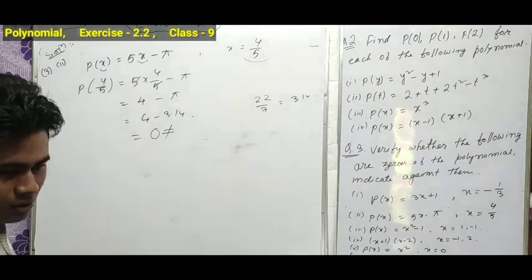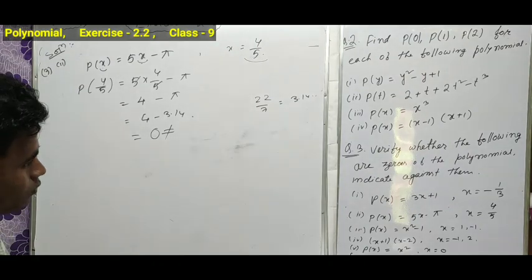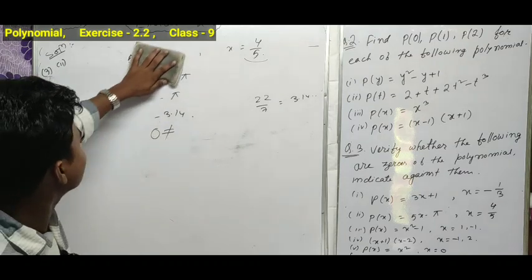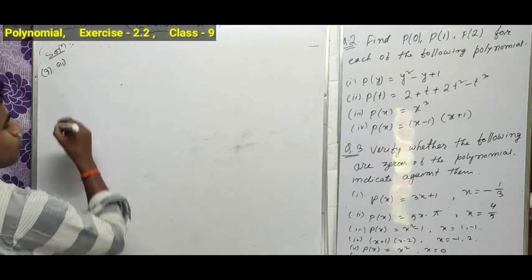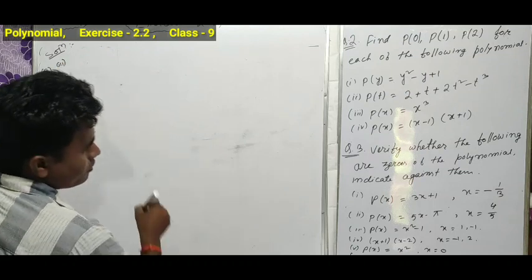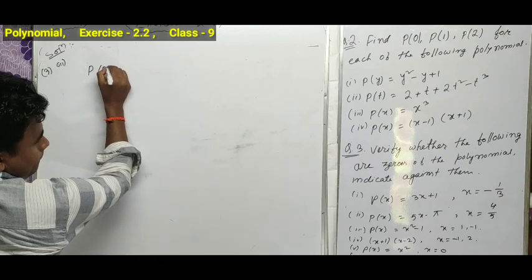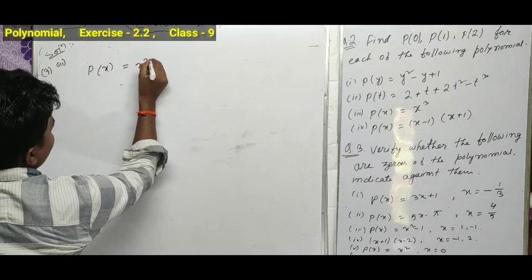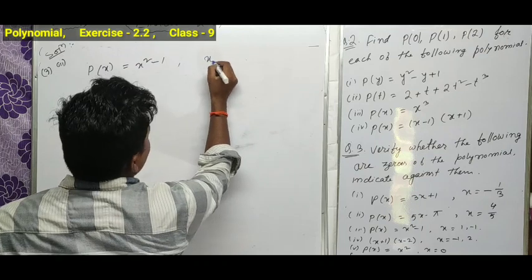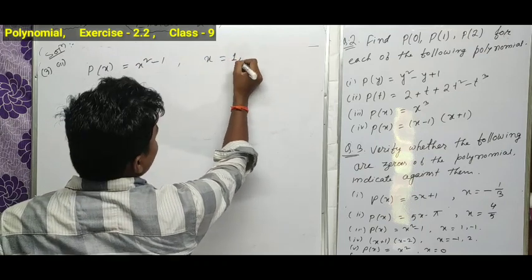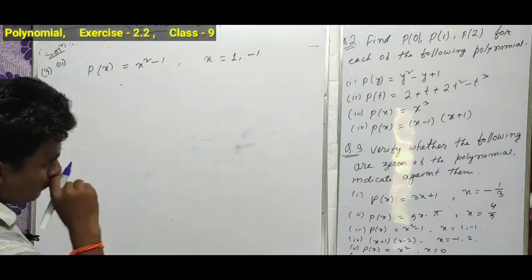So next you can see question number 3. Question number 3 is what? Px equal to x square minus 1, x equal to plus 1 and minus 1. Okay, very simple.